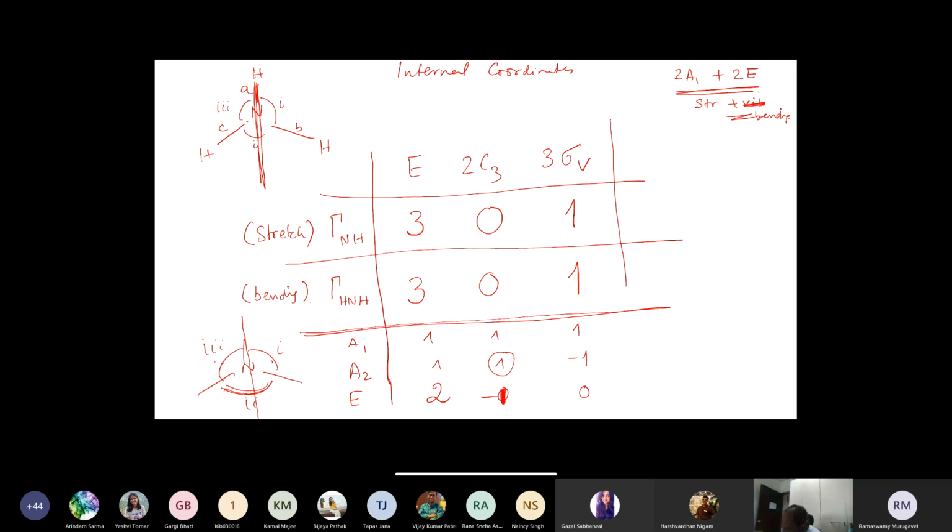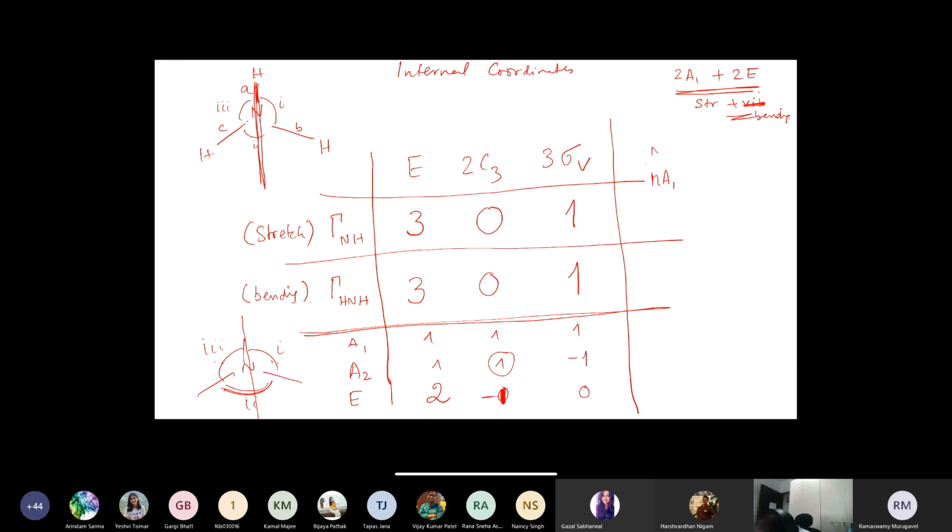I don't have space in this slide, but I can make use of this much of space and then do the number of A1.